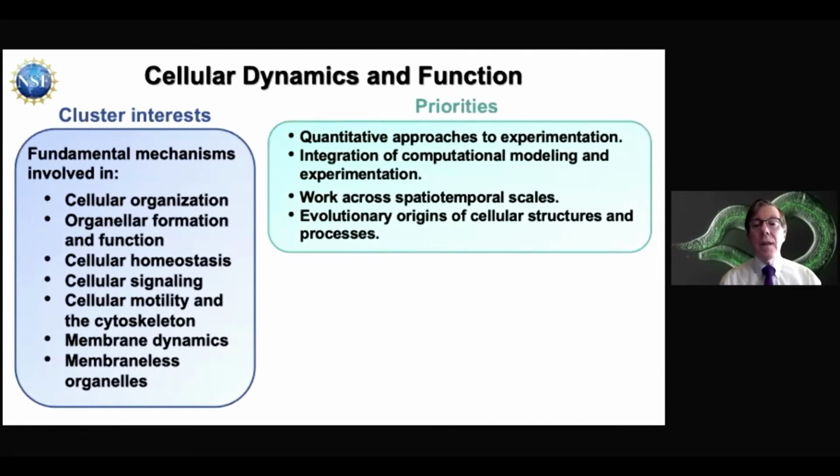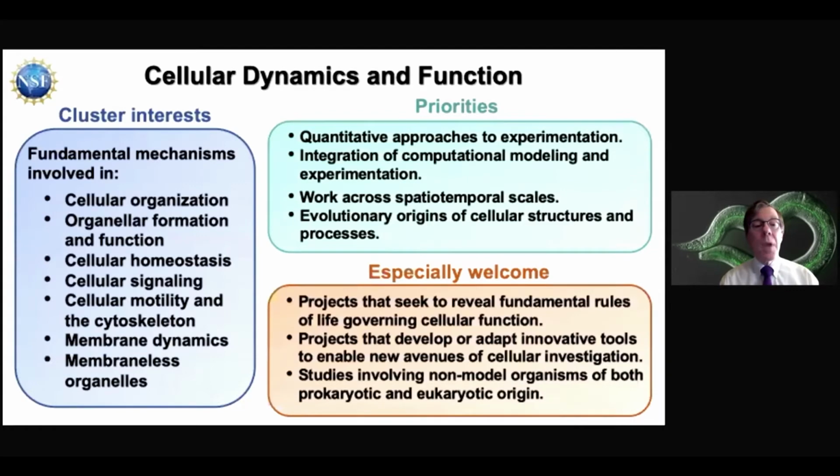Proposals in some of the following areas are particularly of interest to us. One is quantitative approaches to experimentation. Projects that are entirely descriptive are given lower priority, and integration of modeling and experimentation where the bench research informs the modeling, which in turn allows further experimentation iteratively. Those have been found to facilitate mechanistic understanding of cellular processes and are very highly rated.